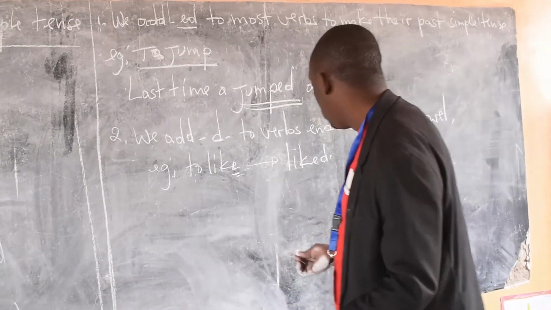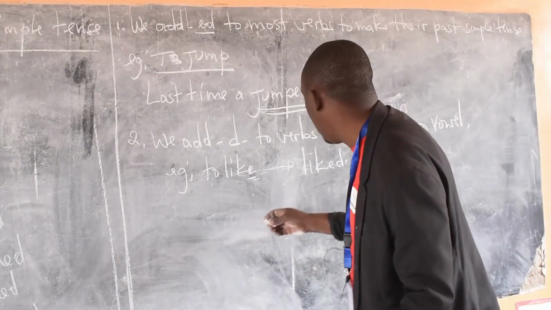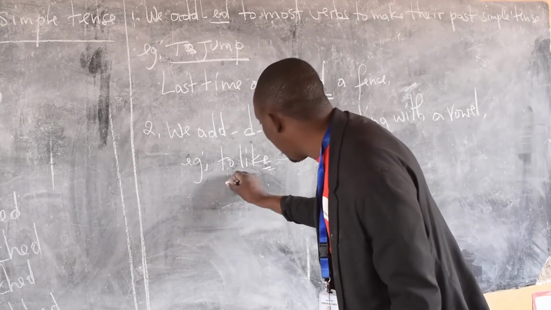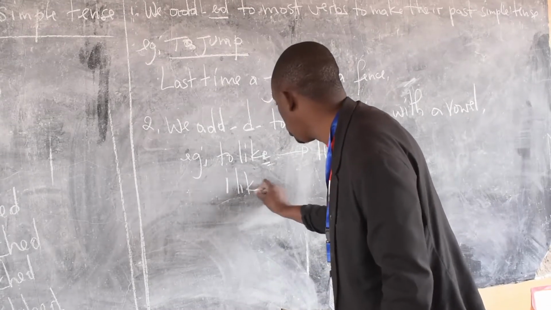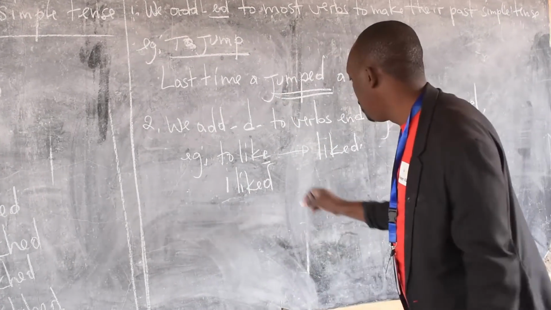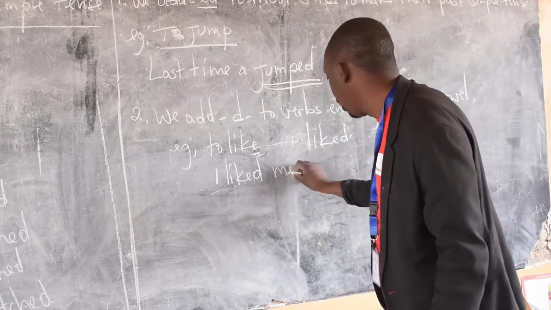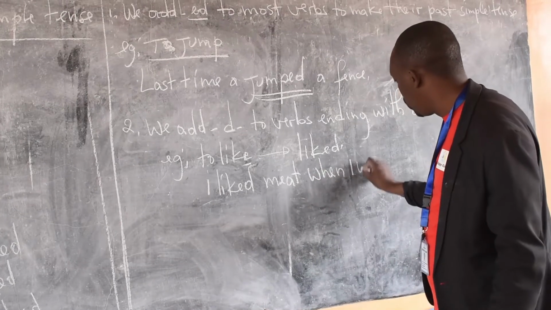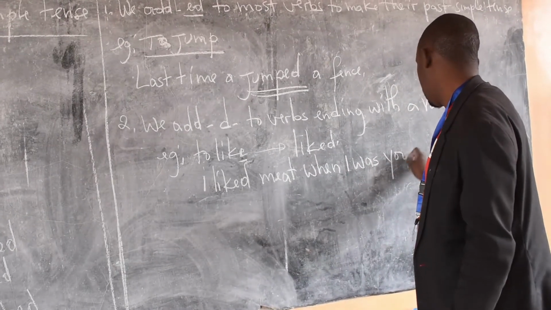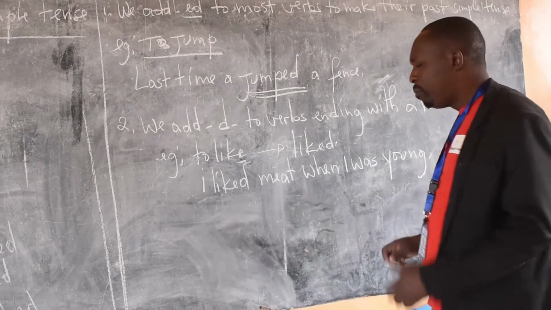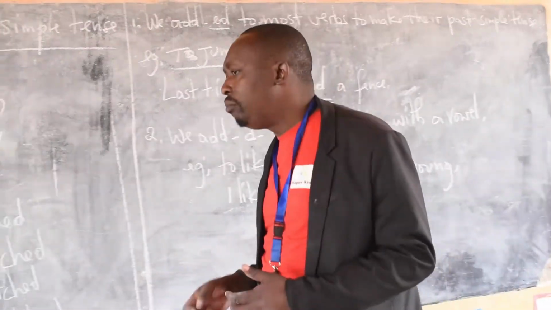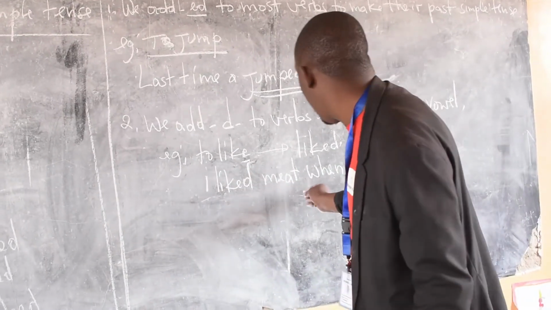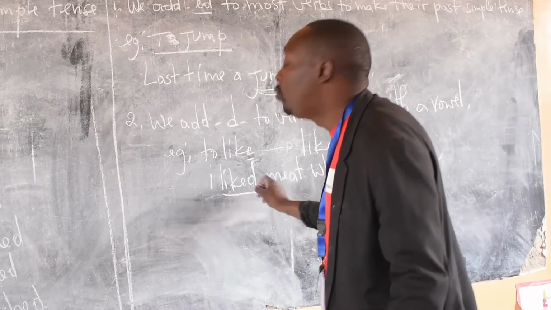So, for example, you can make a sentence by saying, I liked it. For example, meat, when I was young. So maybe today you no longer like me, but at this time in the past, you used to like me.